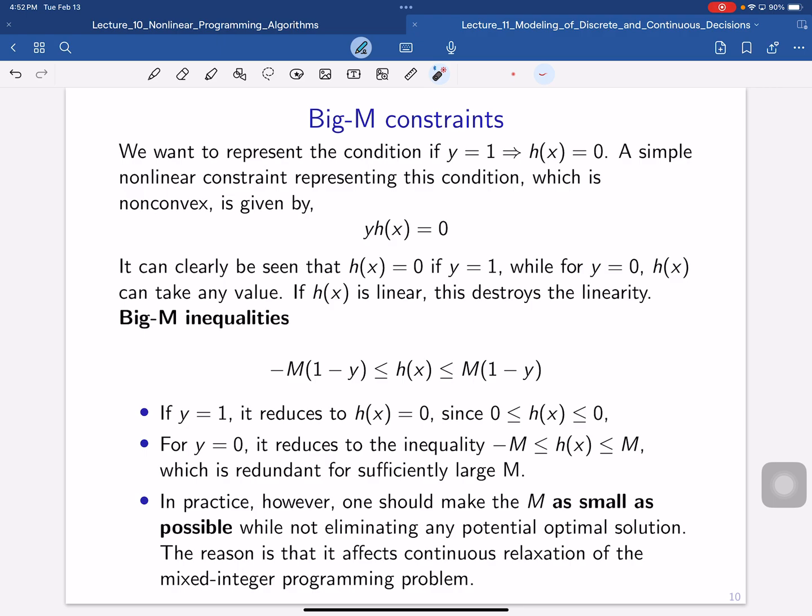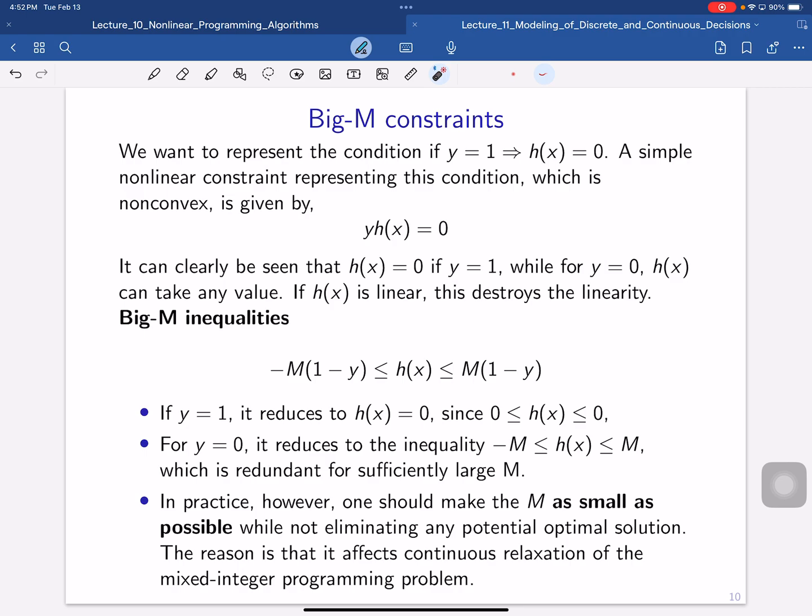First, recognize that when y equals 0, this equation trivially holds: we just get 0 equals 0. On the other hand, if y equals 1, then this equation reduces to h(x) equals 0. So that's a correct way of representing the logic.